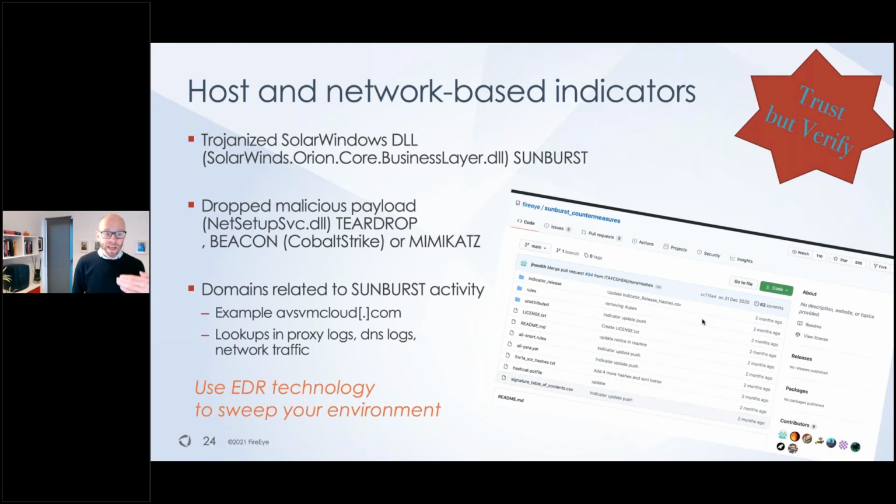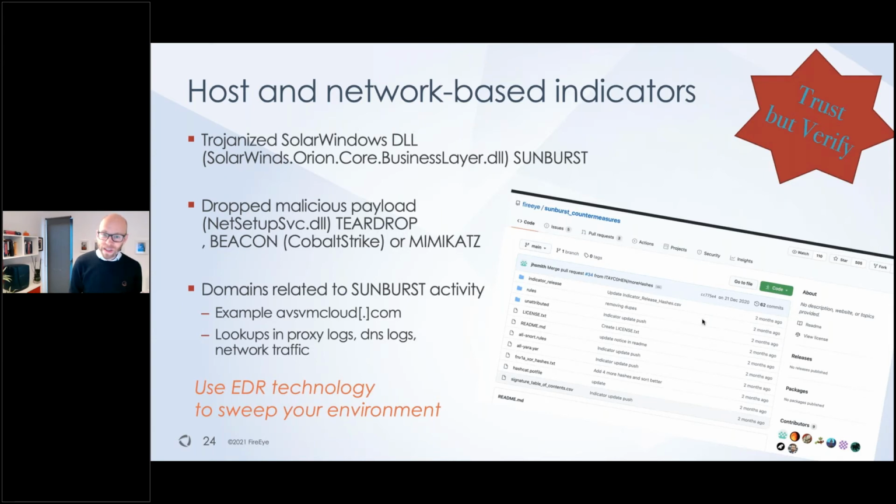Next is checking whether any of the malicious payloads have been existing within your environment at the moment, or again, at one point in time. Ron mentioned Teardrop, which is basically a repurposed beacon, part of the Cobalt Strike red teaming tools, or other tooling like Mimikatz. So these are the elements that we can use at the endpoint on the server side. On the network side, we have another mechanism that we can use.